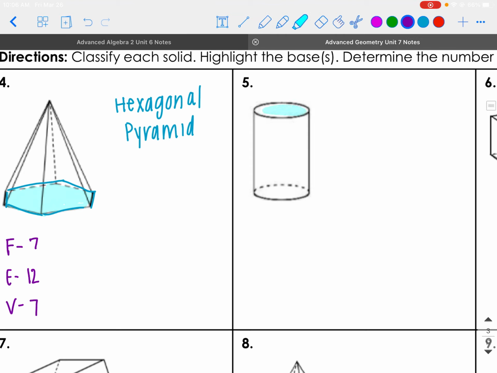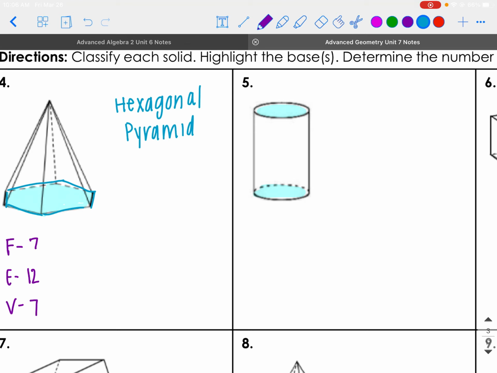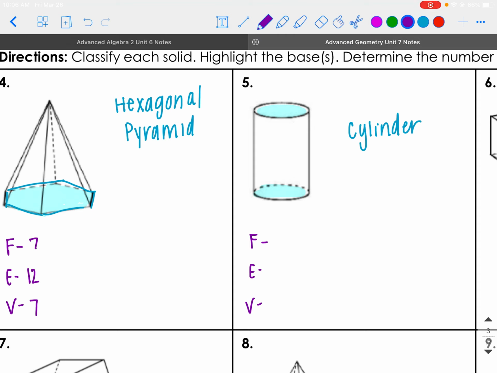Number 5, this is a cylinder. It has 3 faces, 2 edges, and 0 vertices.